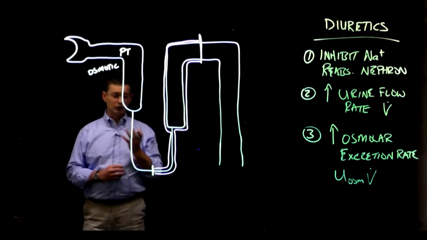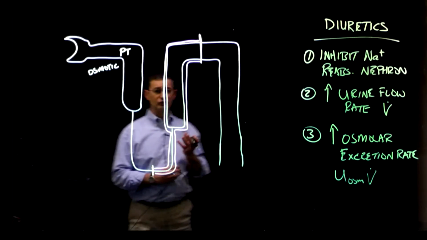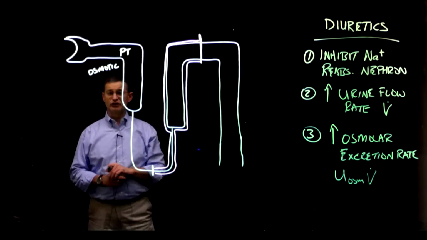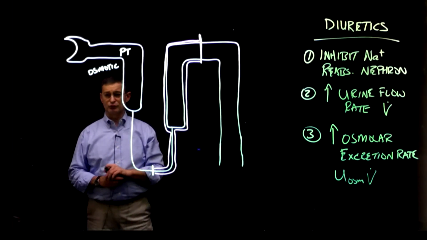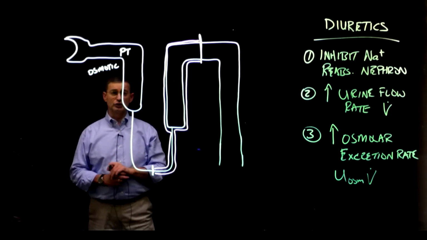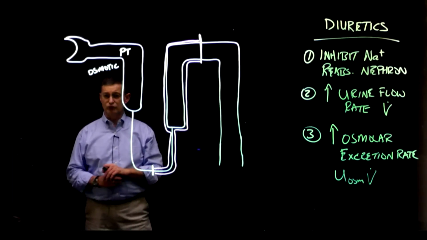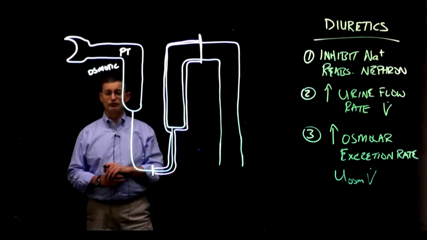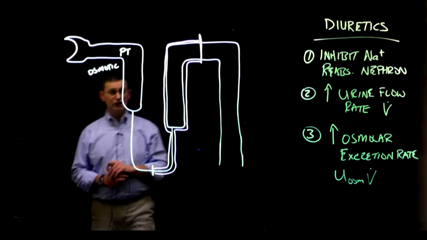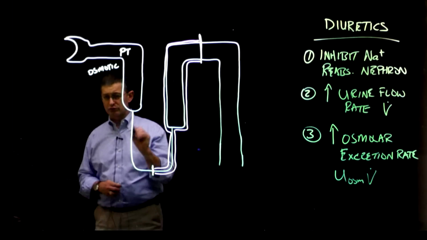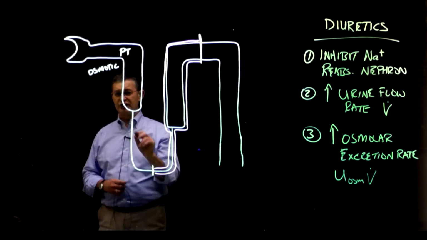That extra solute of glucose will cause an osmotic gradient to be established within the lumen and impede sodium and water reabsorption. So when diabetics are poorly controlled, their filtered load of glucose goes up, and they get an osmotic diuresis. That osmotic diuresis also impacts on water reabsorption at the level of the thin descending limb.